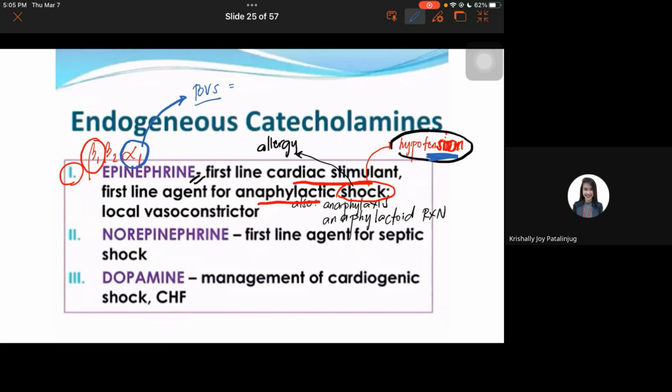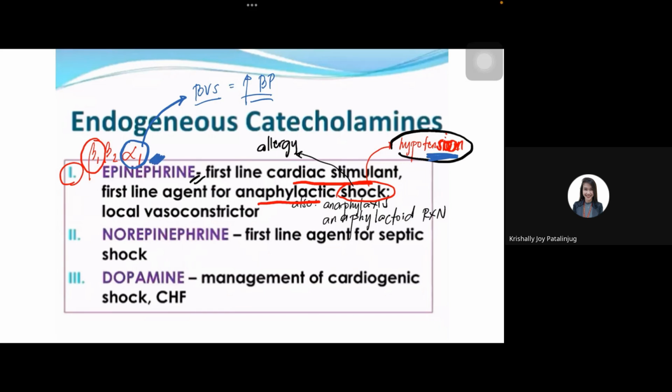Of course, it will counteract hypotension, di ba? It will increase blood pressure. Kaya pwede siyang gamitin at shock state, kasi napapataas niya yung BP because of its vasoconstricting effect upon activating alpha-1. Okay? So that's for its use sa anaphylactic shock.